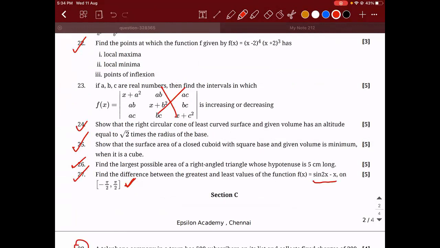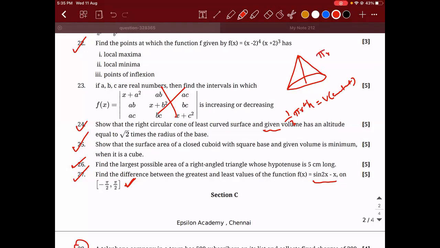Show that the right circular cone of least curved surface area and given volume. Given, so volume is constant. 1/3 pi r square h is a constant. V is constant. Okay, so if you take a right circular cone of least curved surface area, what is the curved surface area of this cone?